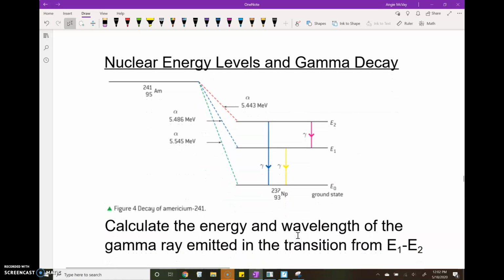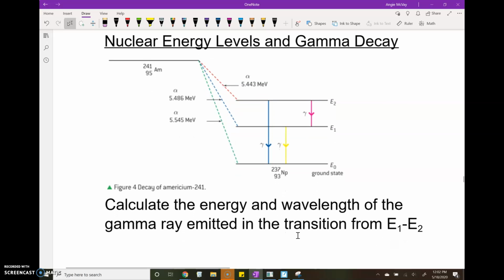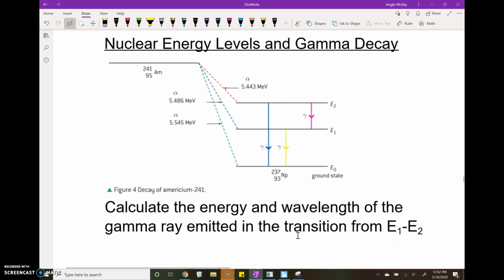Okay, so this is a similar graphic to our electron energy levels. If you've got, I think this is called an americium nucleus, it can decay into specific energies and through several processes.